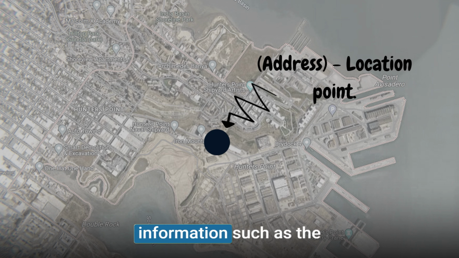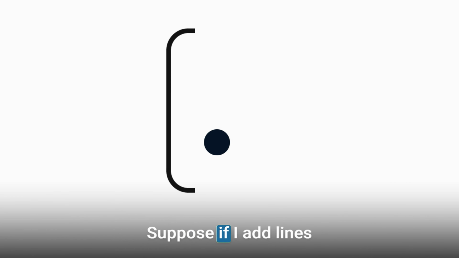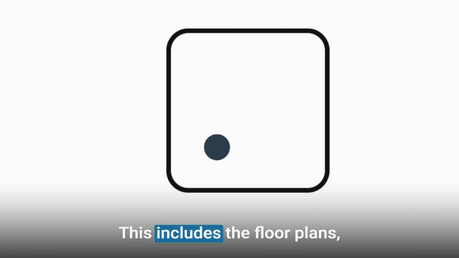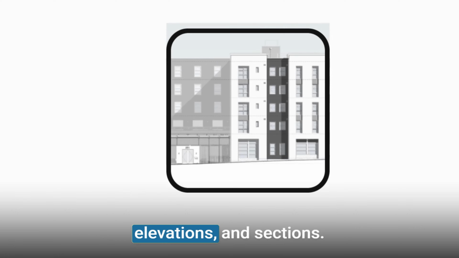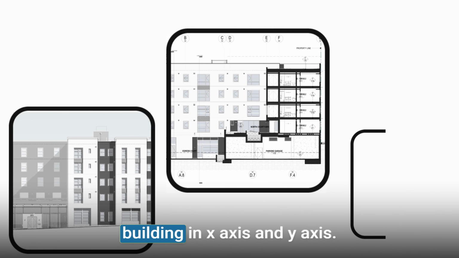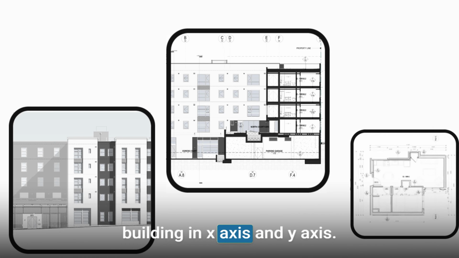It includes basic information such as the location, coordinates, and identification numbers. Suppose I add lines around the point, this will be my two-dimensional details of the project. This includes the floor plans, elevations, and sections, providing a clear visual representation of the building in x-axis and y-axis.